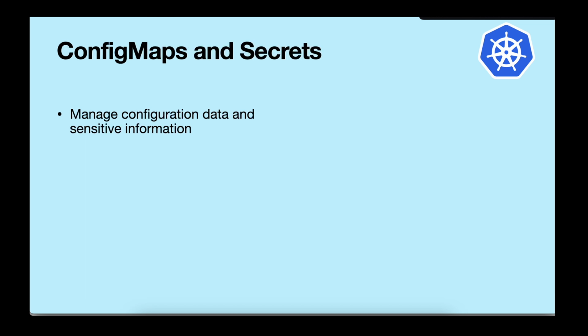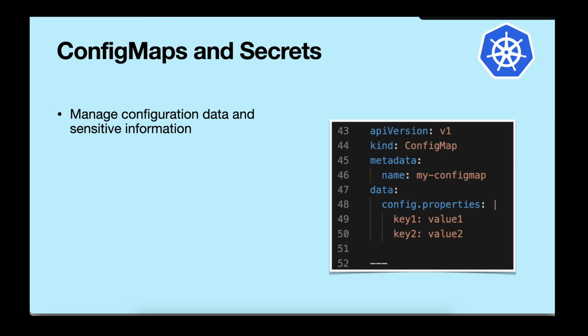Now, ConfigMap and Secrets. These are the resources that allow you to manage configuration data and sensitive information for your cluster. ConfigMap stores non-sensitive configuration settings such as key value pairs, which can be accessed by your application containers.